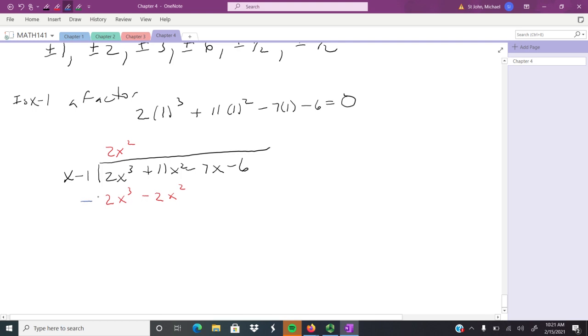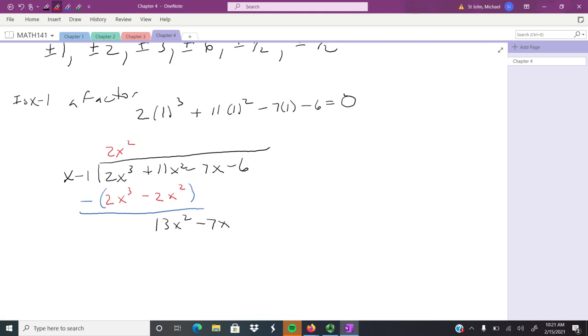Then we're going to subtract. The x cubes go away. 11x squared minus a minus 2x squared would be 13x squared. And then bring down the next term.